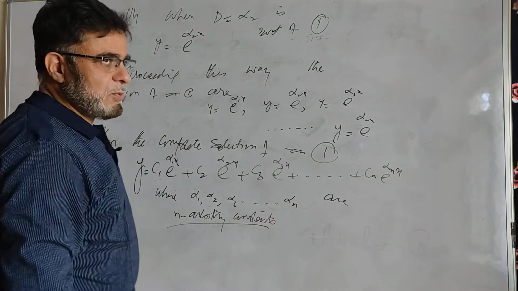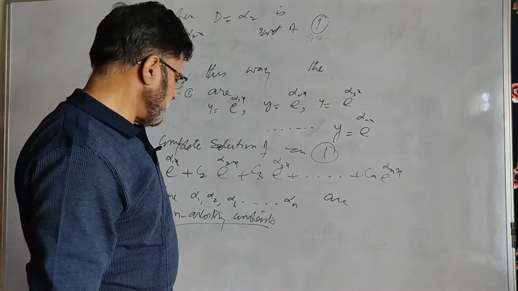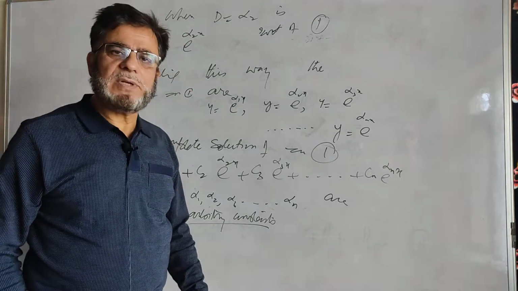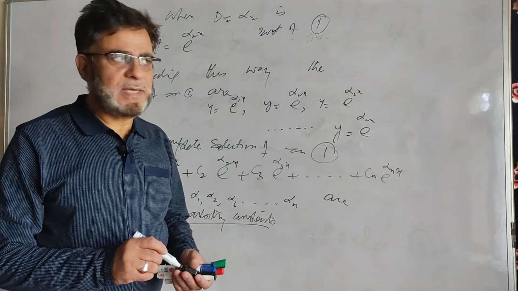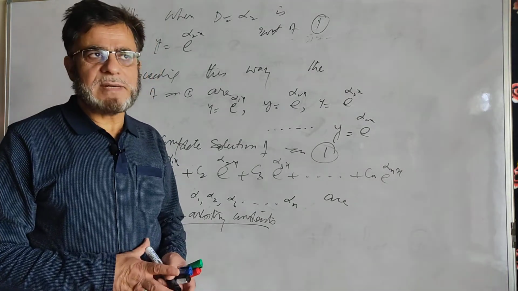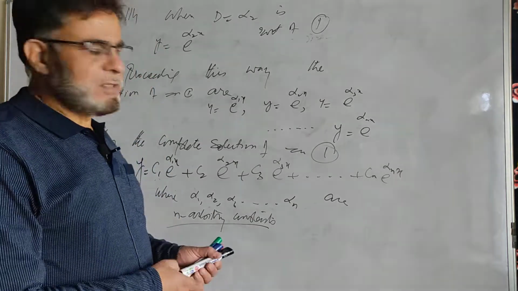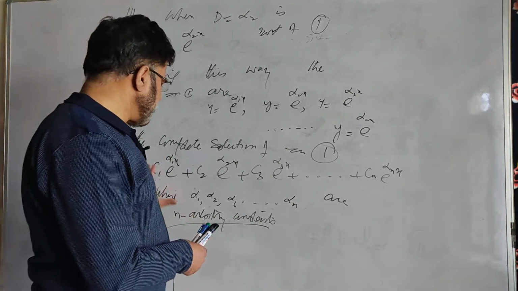I have already told you again and again, these constants are arbitrary constants, but they are also linearly independent. If they become dependent, then you can sometimes reduce 2 constants into 1, or 3 constants into 1, but that is not the case. They are linearly independent constants.